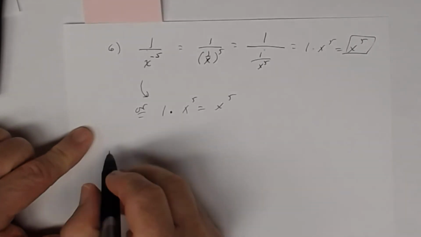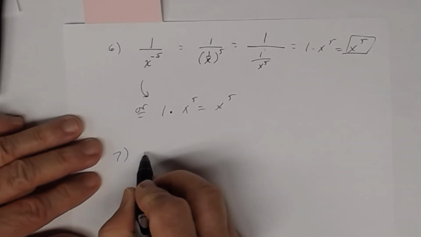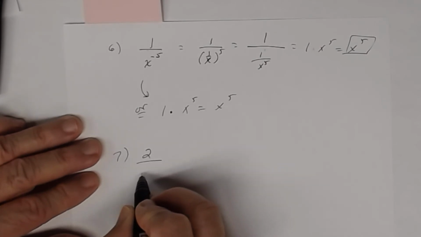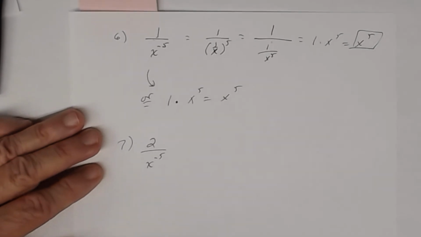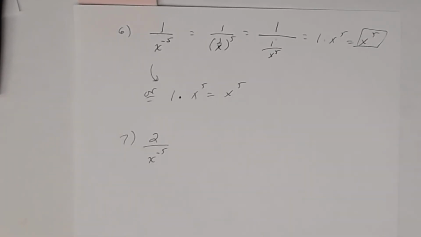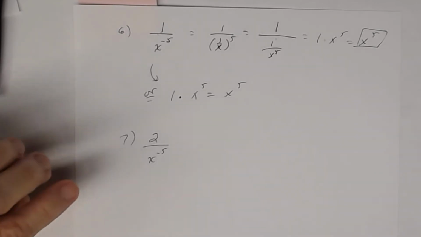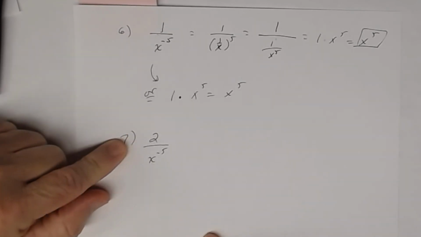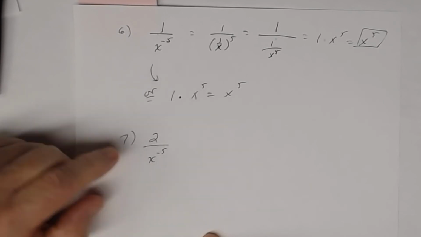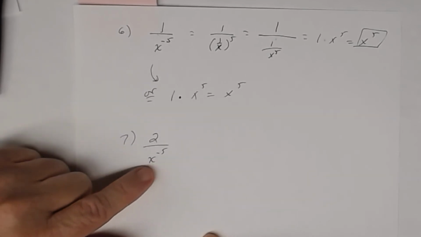Okay? So for example, if you had this, look carefully. If you had 2 divided by x to the negative fifth. Remember what we said earlier, misconceptions that students think that they take the reciprocal of this whole thing. You don't. You only look at what's being raised to the negative power.